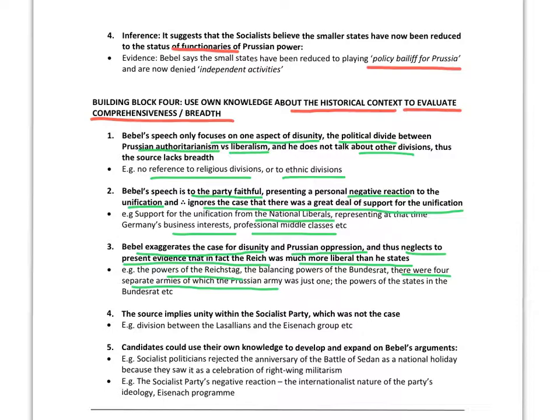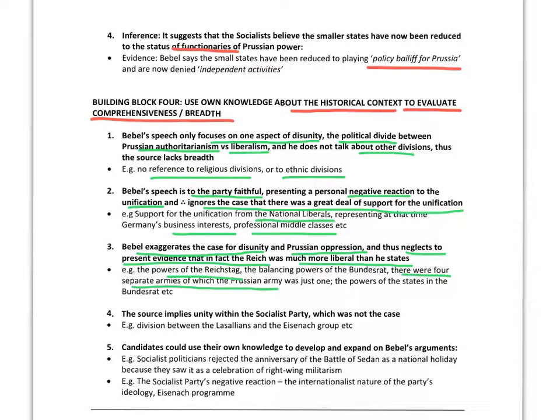Well, that was the most democratic system in Europe in terms of one man, one vote. Yes, we do know that there were separate state parliaments, and in particular the Prussian Landtag had a very weighted vote that favoured the upper classes, but for the imperial vote, the vote for the empire, it was a much more liberal system. So Bebel neglects to include that in his picture.